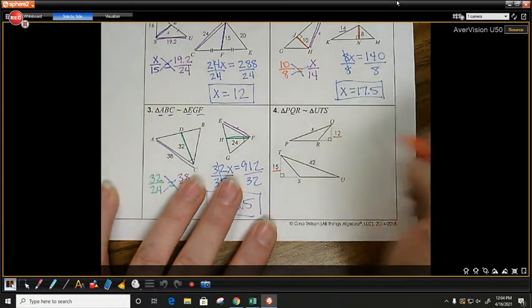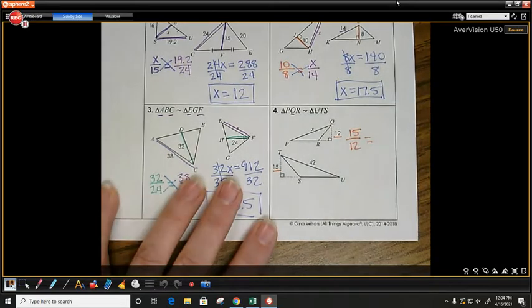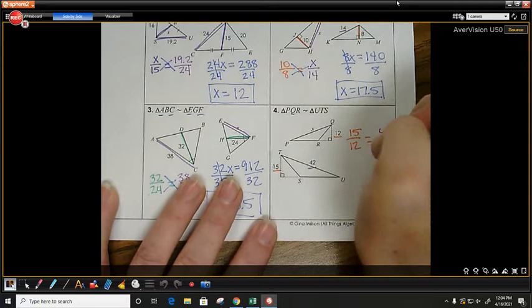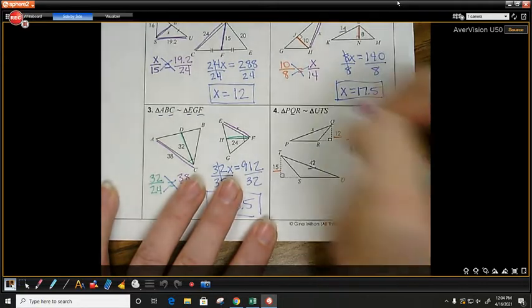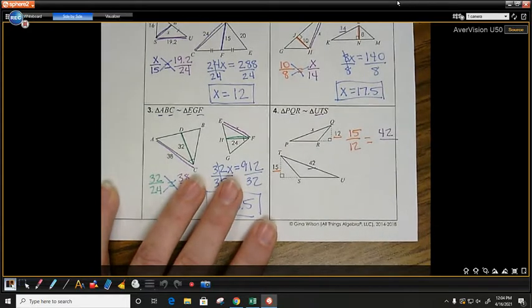So 15 over 12 is going to be equal to 42. Well, 42 is side TU, or UT. So that's going to correspond to PQ.